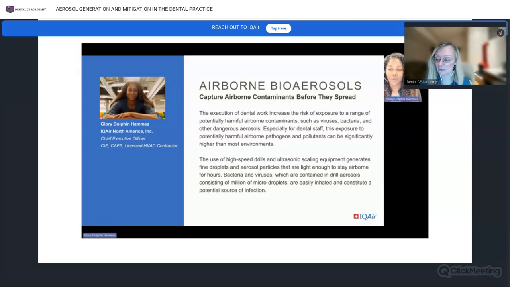That means that the risk of exposure to airborne pathogens is significantly higher than in most environments. And it's really that the use of high-speed drills and ultrasonic scaling equipment generates fine droplets, also ultrafine droplets, essentially aerosolized particulate matter that are light enough to stay in the air for hours and sometimes indefinitely.